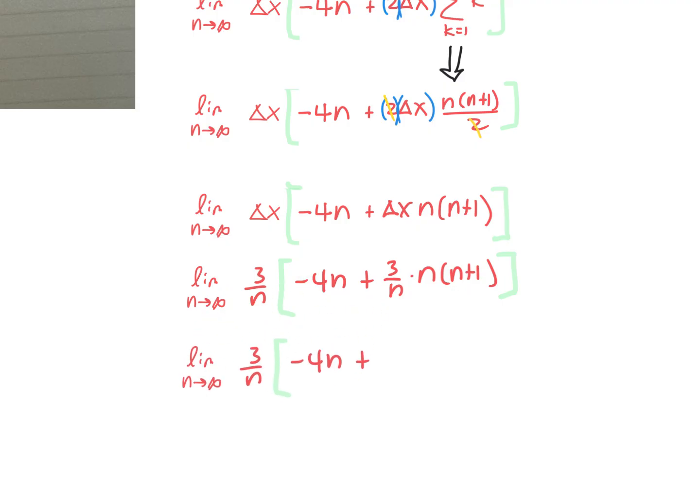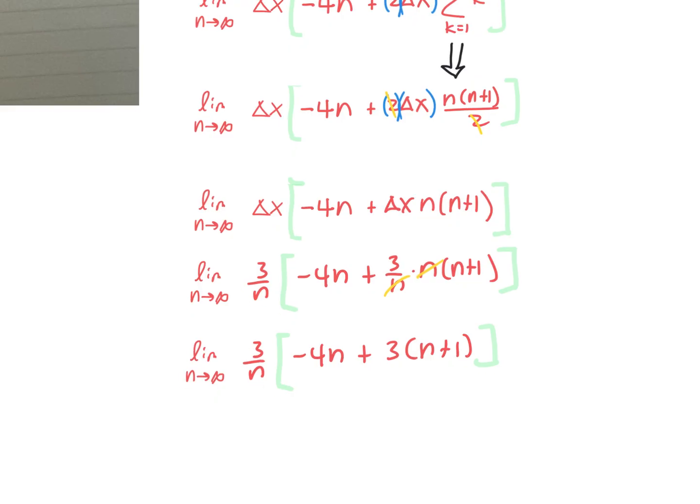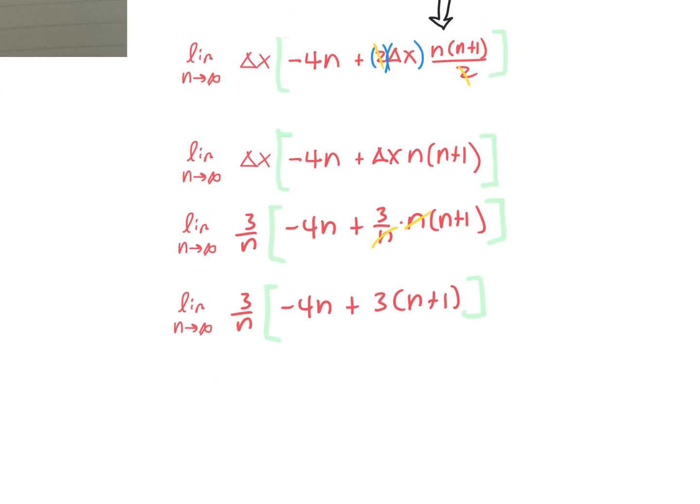However, you would indeed be canceling the n's, and then you would have this 3 times n plus 1. And next thing you know, you could simplify, right? You could simplify negative 4n plus 3n plus 3.